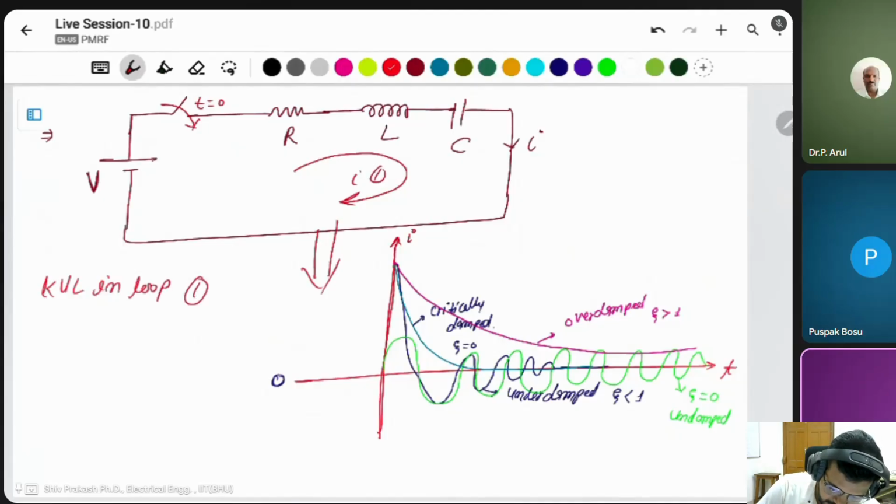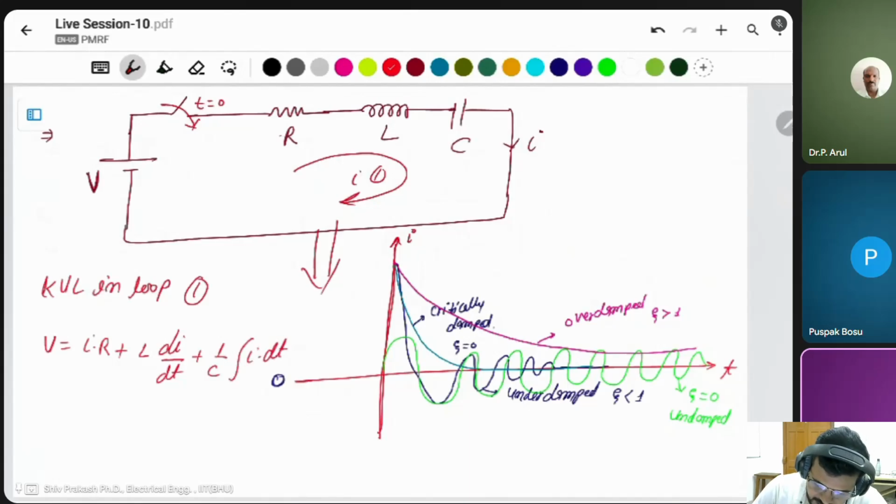What is the KVL? The voltage is equal to the voltage across the resistor, I into R, plus the voltage across the inductor, L dI by dt, plus the voltage across the capacitor, 1 by C integration of I dt.